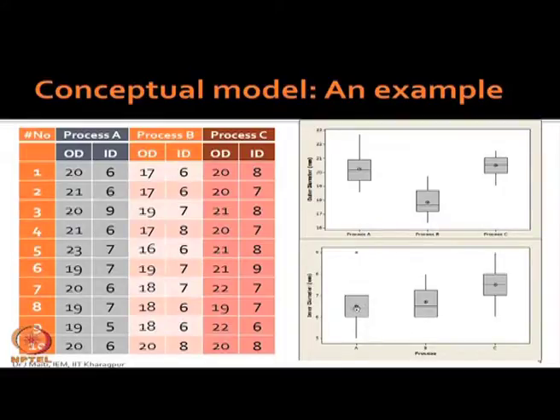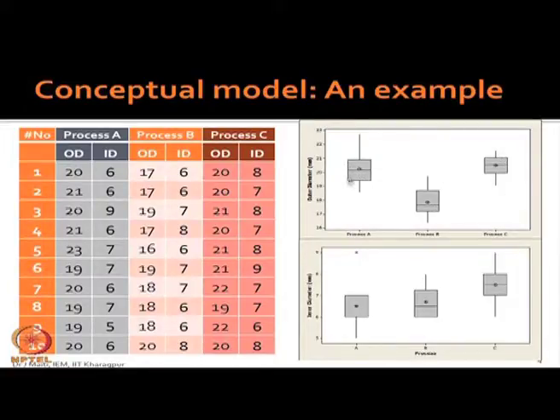You find the mean inner diameter for process A is this one, for process B is this, for process C is this one. Apparently, process A and B means are not different, but process C is different from A and B. In the outer diameter case, process A and C mean differences are maybe not significant, but process B is different from both A and C.